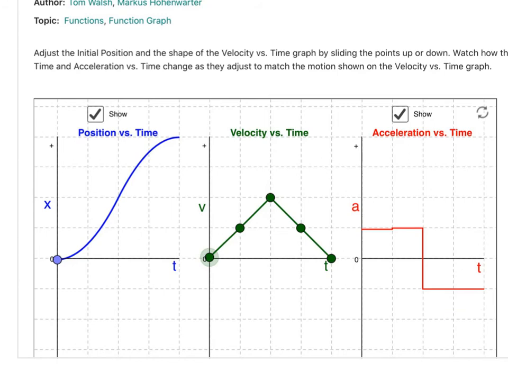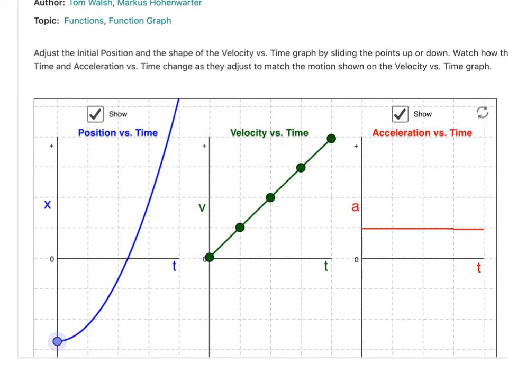And I can do some pretty simple things. So let's try to give myself a constant acceleration, and that would be a straight line on here. It's not absolutely perfect, but you can see it a little bit. Okay, I'm going to move my position versus time down a little bit just so you can see it more. Now notice that this is an upward curving line, so it is a positive acceleration. That shows that, right?